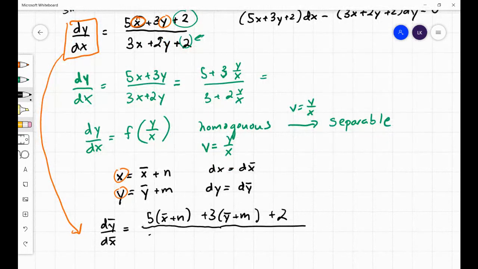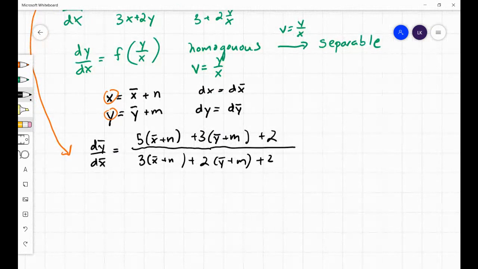And then the denominator, we get 3 times x bar plus n, minus 2 times y bar plus m, plus 2. And the idea is to make this right-hand side homogeneous by making the constants disappear with the correct choice of n and m. So distribute.